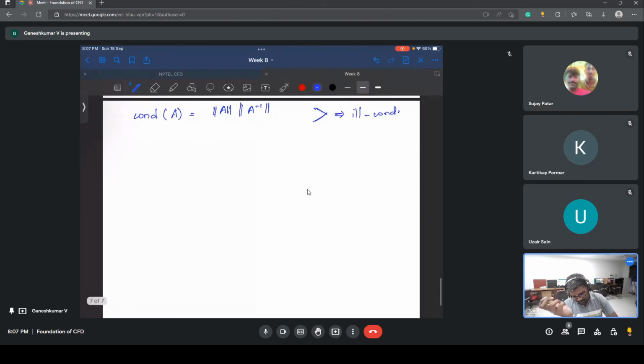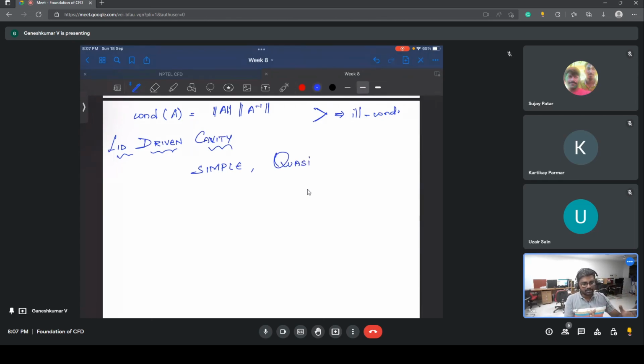So finally, we all did the lid driven cavity problem, right? We did it using the SIMPLE algorithm. I also explained something called the quasi-ratio method in my previous two sessions. SIMPLE works on a staggered grid, so it displaces the control volume: for u there will be one control volume, for v one more, and for pressure one more.